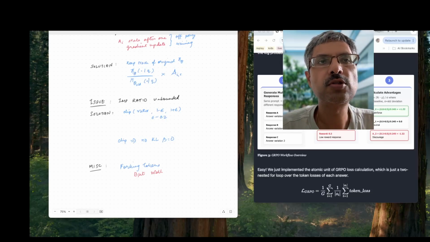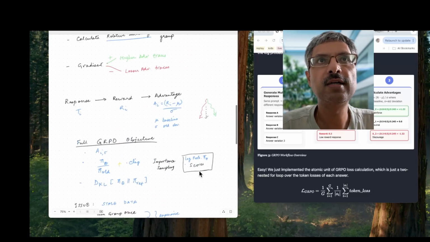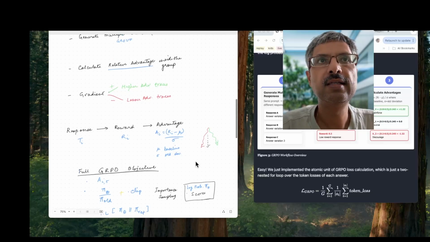If you can just focus on these forking tokens, you get the same losses and gradients. Okay, there are several optimizations which I'm not going to talk about. I'm just going to revisit the core differentiator idea, which is these advantages.